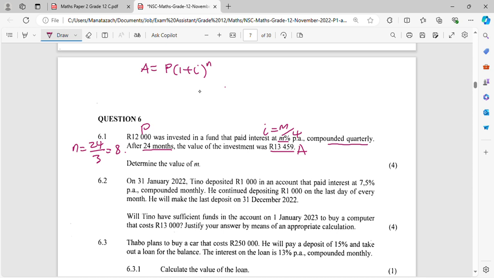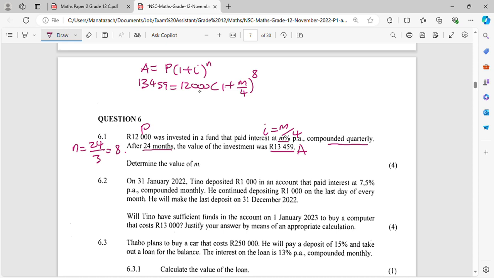So let's just plug in the numbers. That's 13,459. The P is 12,000, times 1 plus M compounded quarterly, so divided by 4, and then the n is 8. So let's go on.